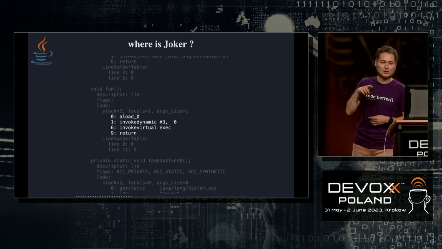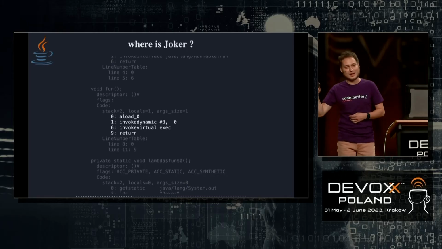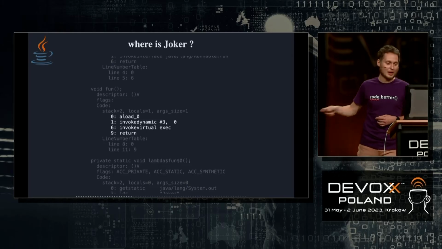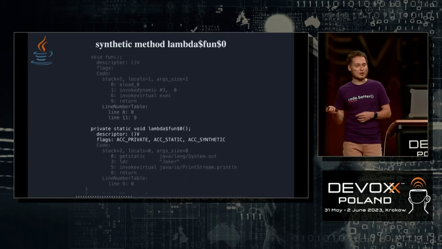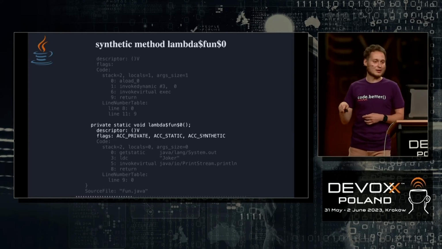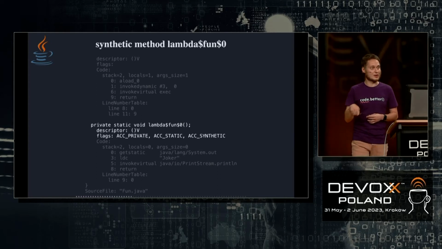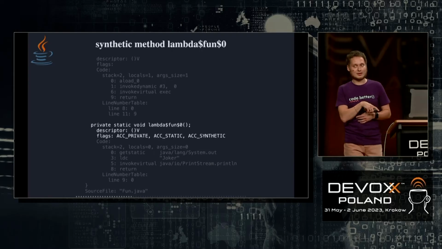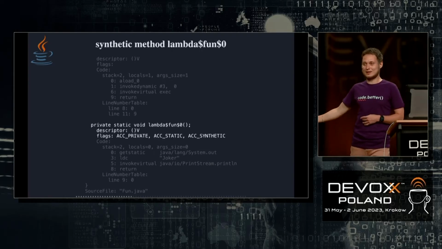At runtime, this invokedynamic instruction is going to be associated with the actual object representing the lambda, which is going to be constructed at runtime. And to do so, the body of the lambda is actually migrated by the compiler into another method declared in your class. And this method is generated.